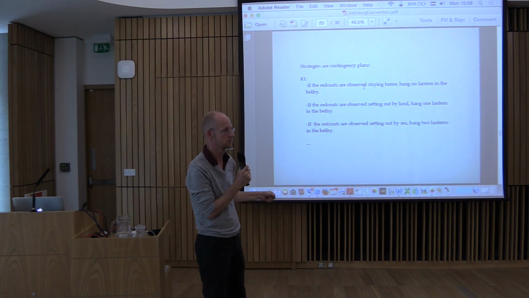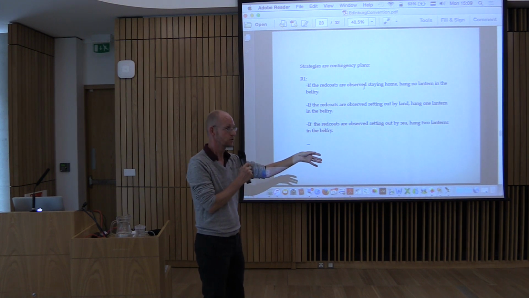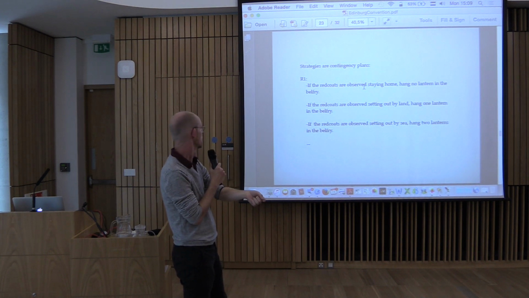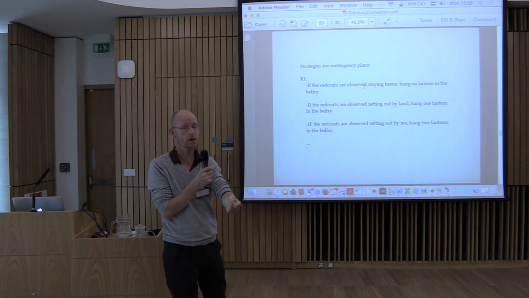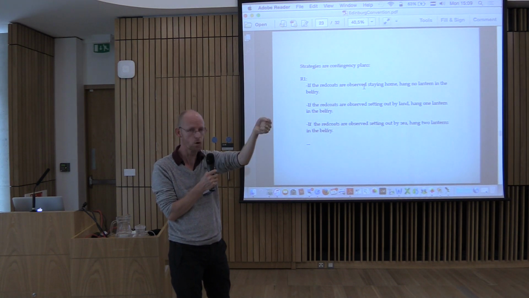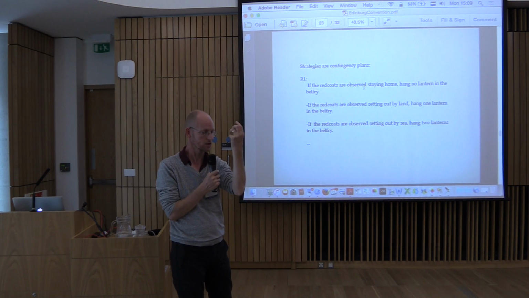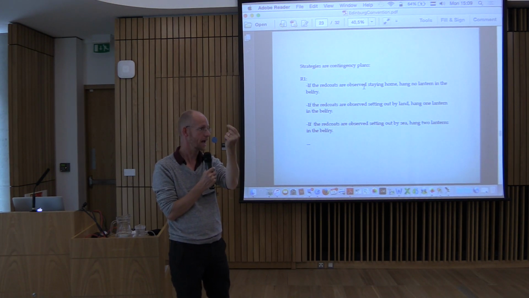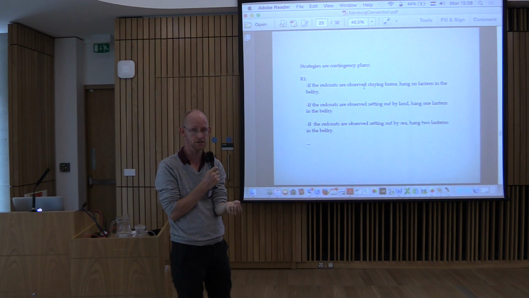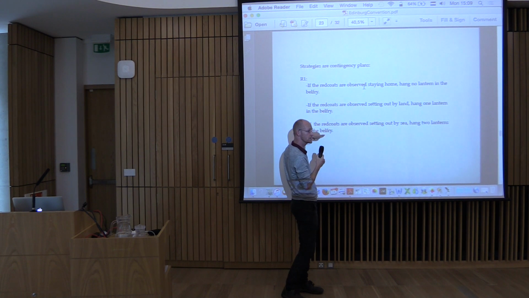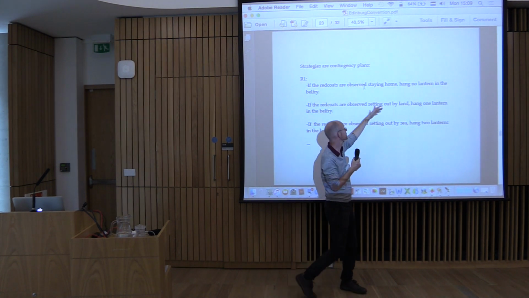So that's what this guy was doing, who was looking at the Englishmen. And then the other Americans responded to this: no lantern, one lantern, or two lanterns. So here we have a sender of a signal, hanging one lantern, or no lantern, or two lanterns, right? And this has a meaning for both parties, if the signaler has this strategy and the receiver has a corresponding strategy, right?